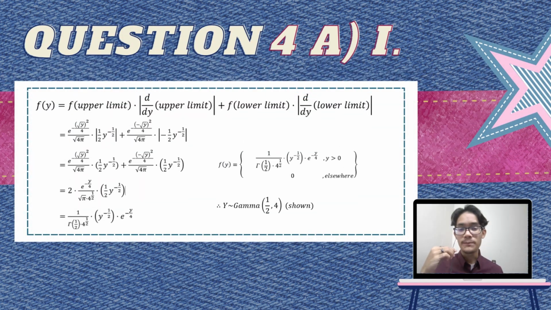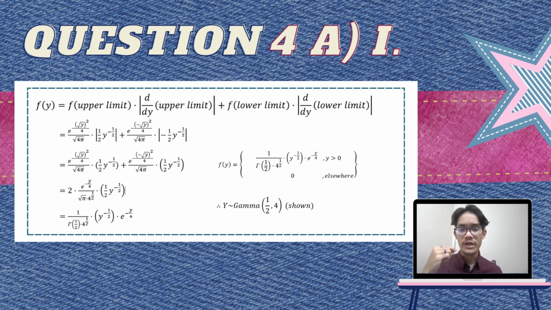Then, we can apply the transformation formula, which is the probability density function equals f of the upper limit times the absolute value of the derivative of the upper limit, plus f of the lower limit times the absolute value of the derivative of the lower limit. We can substitute the values of the upper limit and lower limit into the given function f of x, and we also find the derivatives of the upper limit and the lower limit.